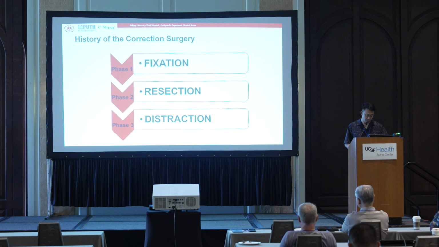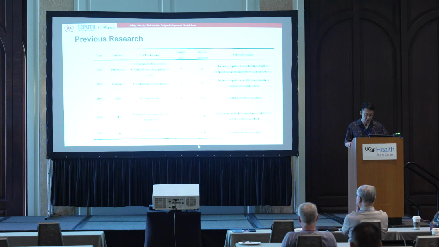Phase 2 is the resection of the convex side structures within the CVJ region, such as hemivertebral resection. And the last phase is distraction on the concave side, employed to restore coronal balance and representing a shift toward anatomical alignment with a minimal procedure.